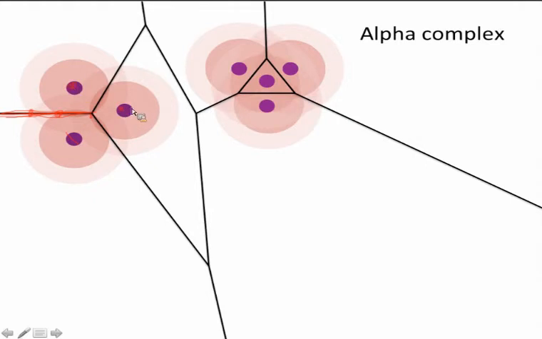And so you might want to have the balls growing at different rates. So you can think about your alpha complex or your balls within your alpha complex as dropping stones in a still lake. And you can drop bigger stones if you want to have a bigger influence, and smaller stones if you want to have a smaller influence. And so all of these things generalize quite a bit.